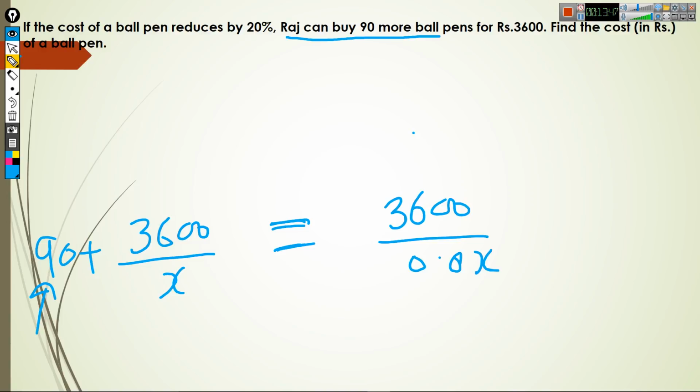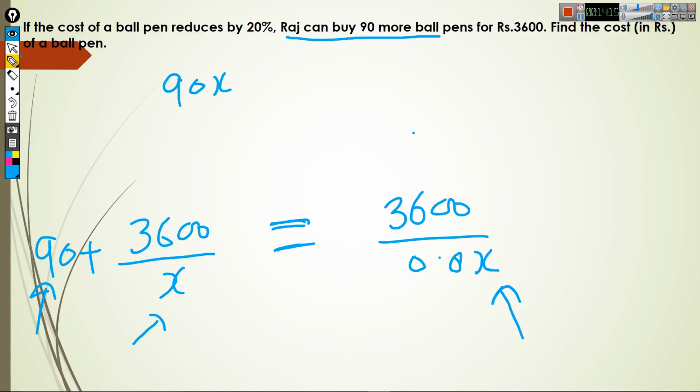Initially the price of a pen was x, now the price of a pen is 0.8x, so the price of a pen is reduced. That's why he can buy 90 more ball pens. So to make the equation equal, we add 90 on the left side. Now we just need to solve the equation and get the value of x.